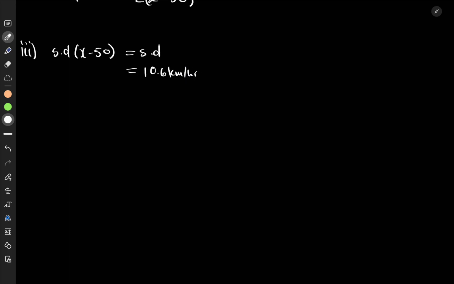So for me to get the sum of x minus 50, what is the standard deviation of x minus 50? It will be equal to the square root of the sum of x minus 50 all squared divided by n, minus the mean of x minus 50 all squared.